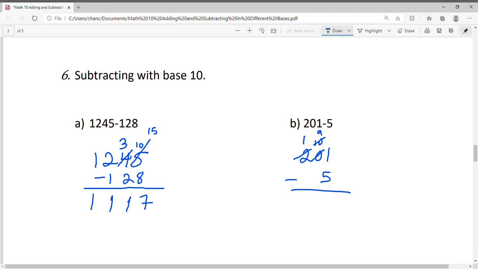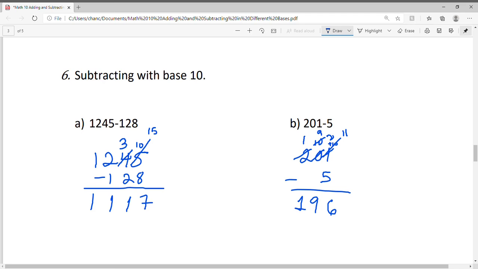This becomes a 9, and we'll carry that additional 10 over, and this 1 actually becomes an 11 because we're adding 10 to it. So now we have 11 minus 5, which is 6. 9 minus 0 is 9, and 1 minus nothing gives us 1. So we have 196 from this one.